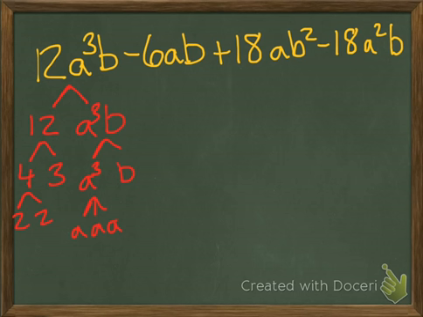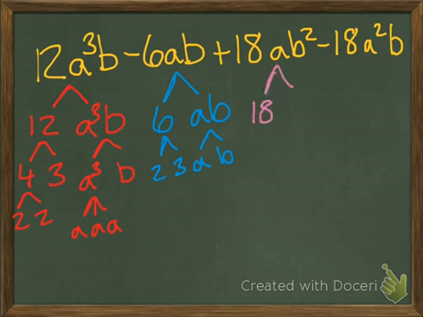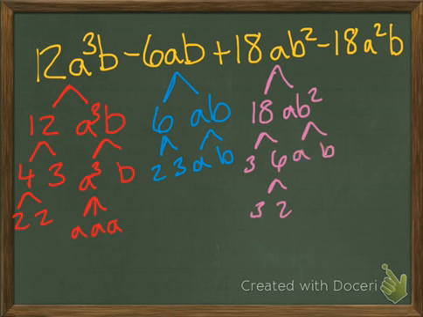Now we've got to do the other terms. So quickly here as we go, we know that 6ab can be broken down into 6 times ab. 6 is 2 times 3, and ab is of course a times b. 18ab squared is going to be 18 times ab squared, and then 18 is 6 times 3. 6 is 3 times 2, and ab squared is a times b squared, and b times b.